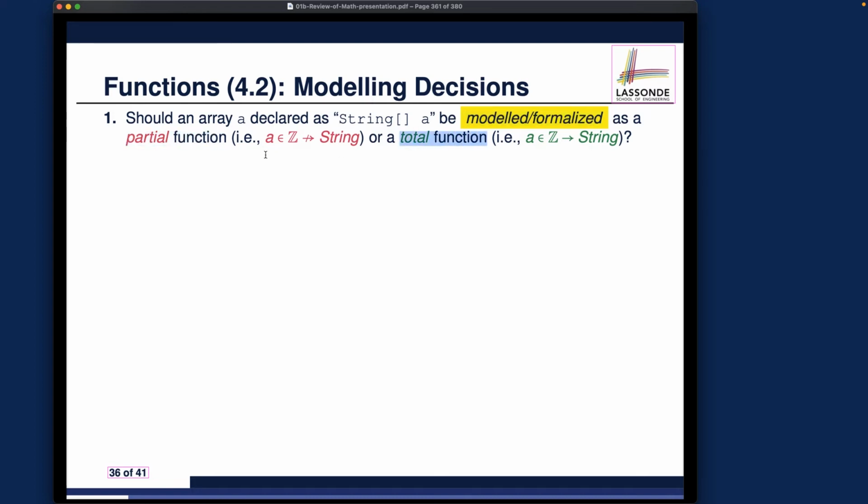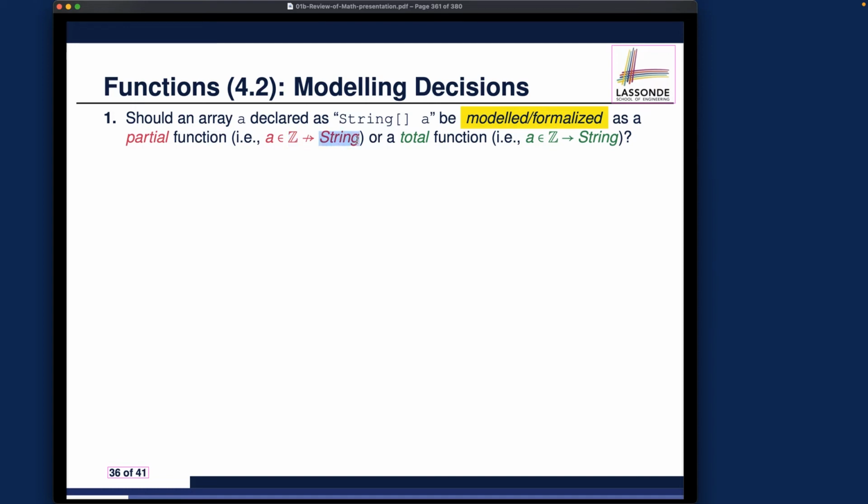Let's take a look. Either we can say A is a member of a partial function between two sets, the first set being the set of integers. Remember the Z, that's the set of integers, theoretically going from minus infinity all the way to 0 and then all the way to plus infinity.